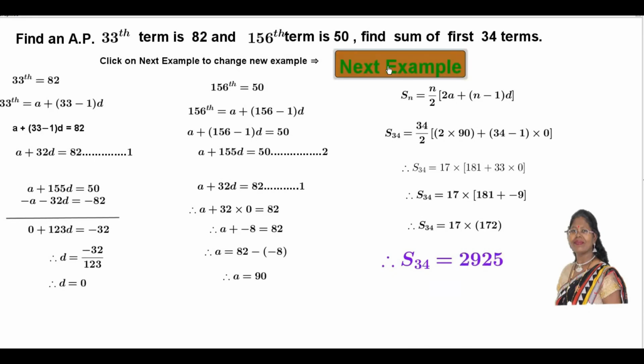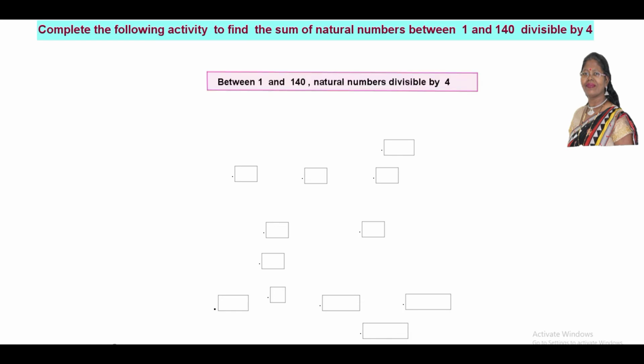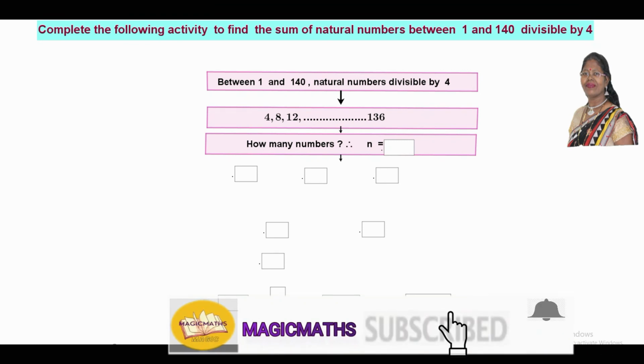You will get many examples, and you can complete the following activity to find the sum of natural numbers between 1 and 140 divisible by 4. Let's see. Between 1 and 140, the natural numbers divisible by 4 are 4, 8, 12 and so on up to 136.